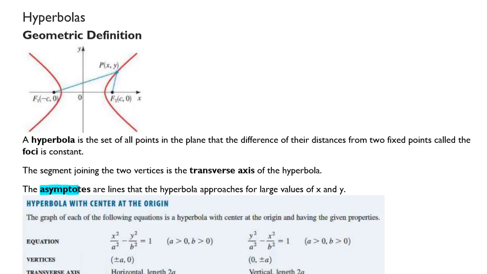Now these are slant asymptotes because if you were to draw in asymptotes on this generic sketch we have here, they are diagonal, invisible lines to which this hyperbola approaches.